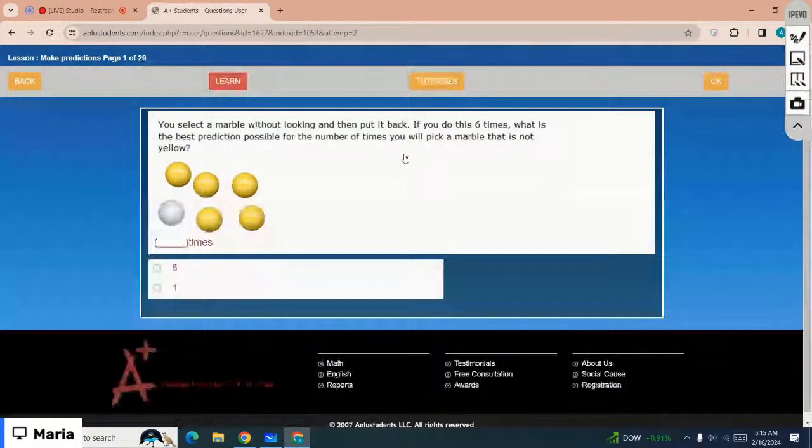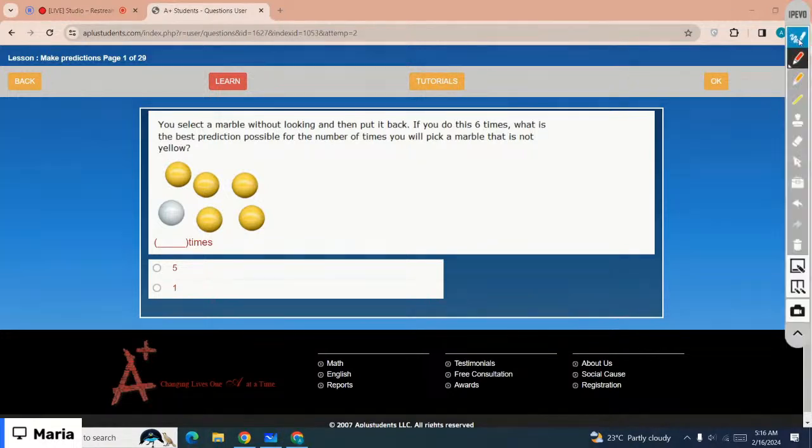Okay, you pick a marble without looking, then you put it back. If you do this 6 times, like you did 6 times, right? What is the best prediction possible for the number of times you will pick a marble that is not yellow, right? Just look at the marbles now. You have 1, 2, 3, 4, 5, 6 marbles. Only one of them is the one that isn't yellow.